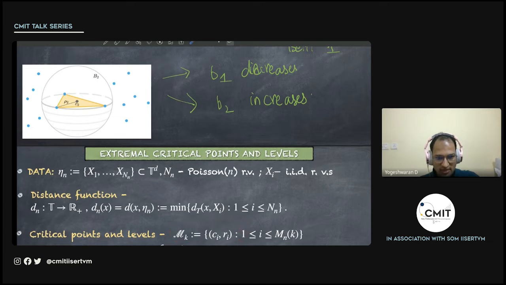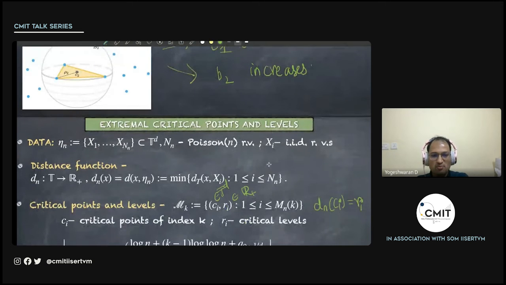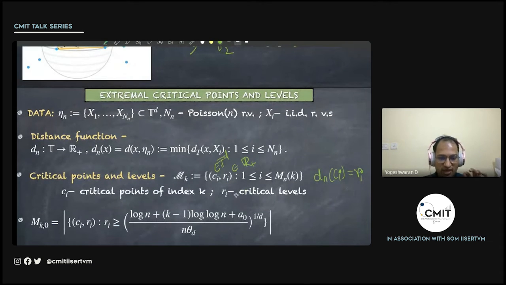Ci is a critical point, Ri is a critical level, as pointed out already. dn of Ci is equal to Ri. Ci belongs to the torus. Again, it's worth emphasizing, Ri belongs to the positive half of the real line. Now, like a lot of things in probability, it is quite about the scale. The scale at which you are looking is very important.